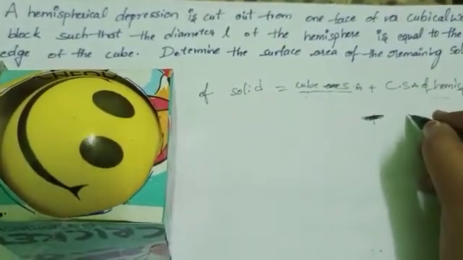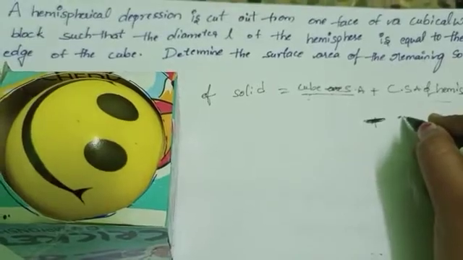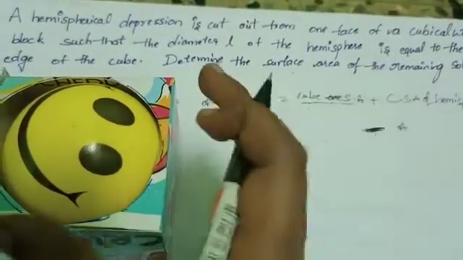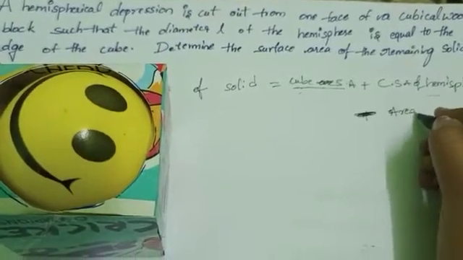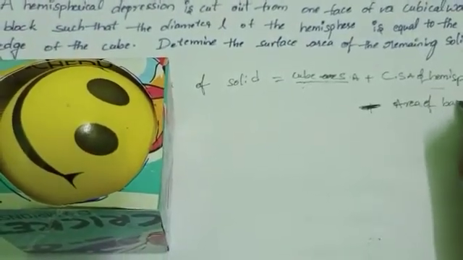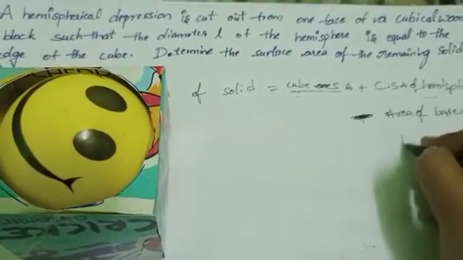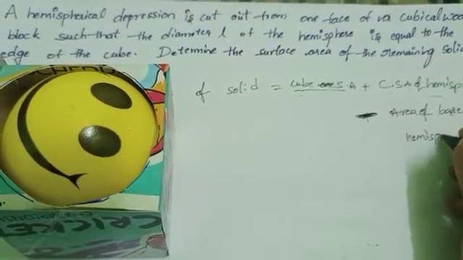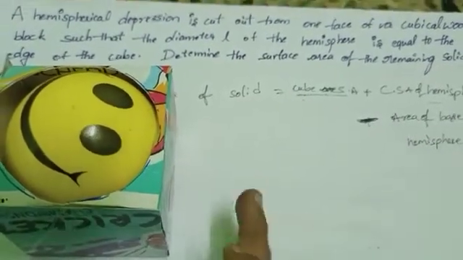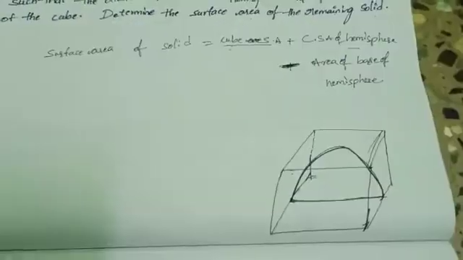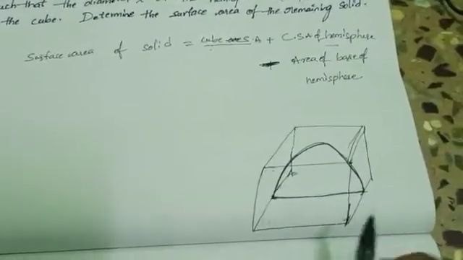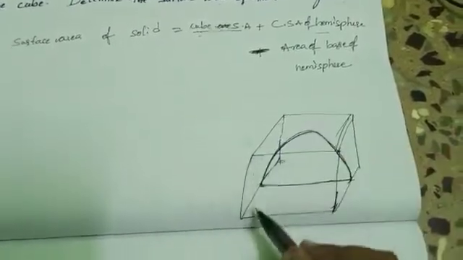The circular area is nothing but the area of the base of the hemisphere. Clear? Let's draw the figure. See, this is the diagram. This is a cubical box.